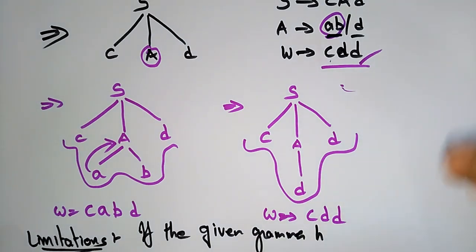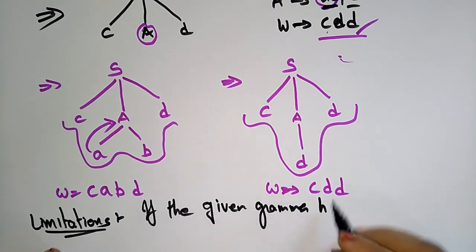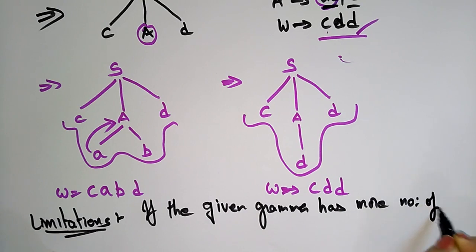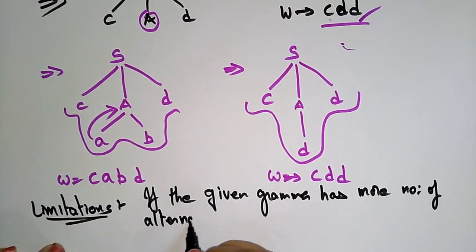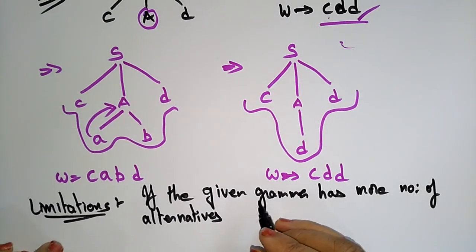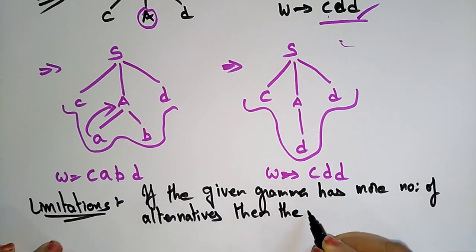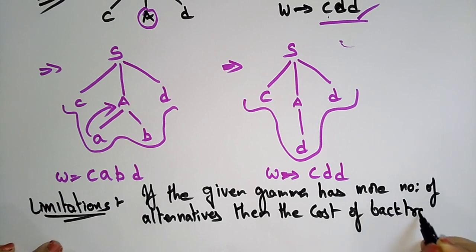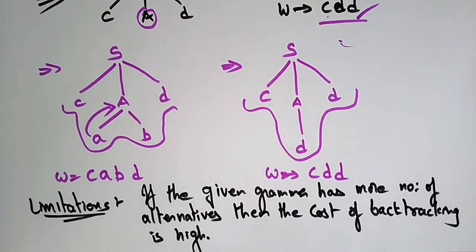If the grammar has more alternatives, then the cost of backtracking will be high. That is the main limitation of using backtracking.